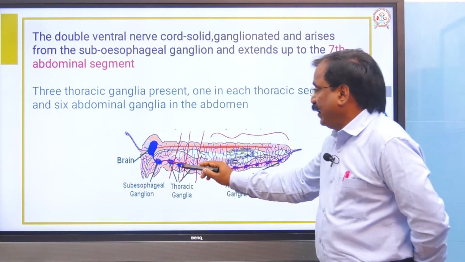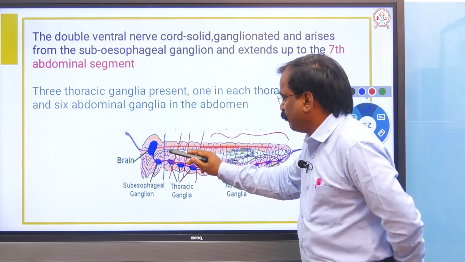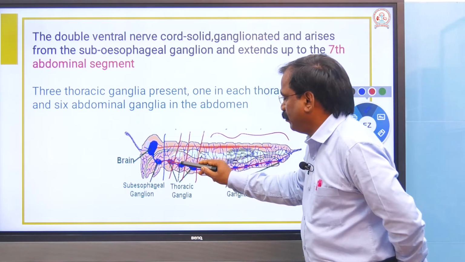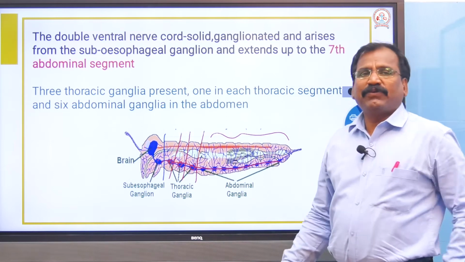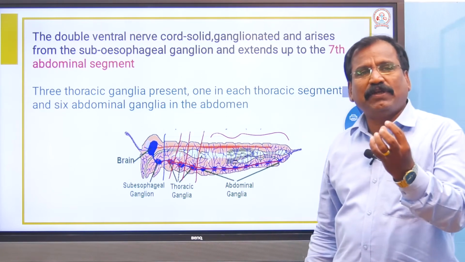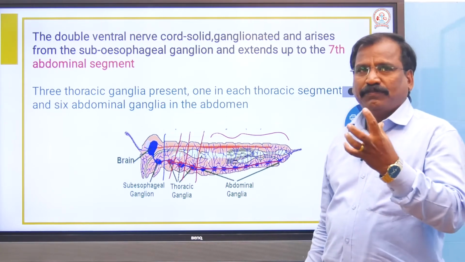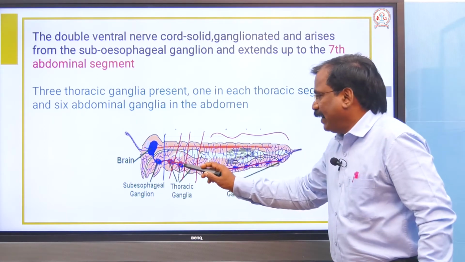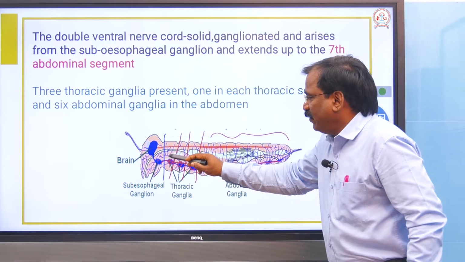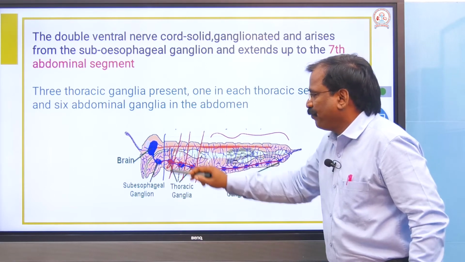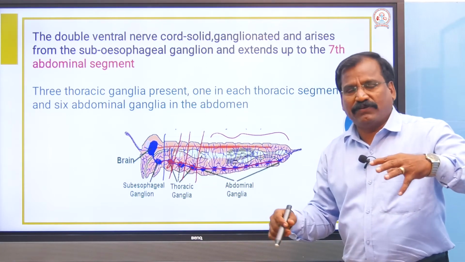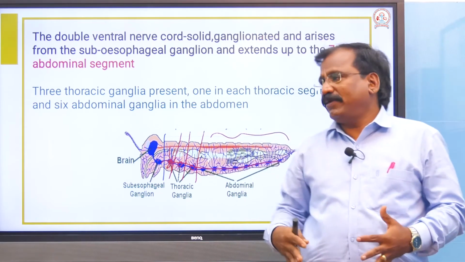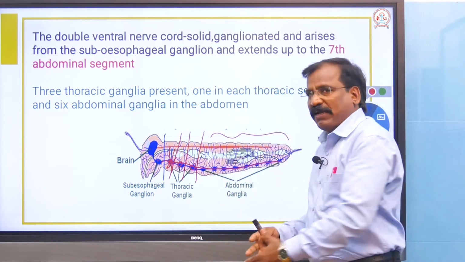A ganglion is a mass of nervous tissue, and it supplies nerves to the respective segments, controlling the organs located in them.